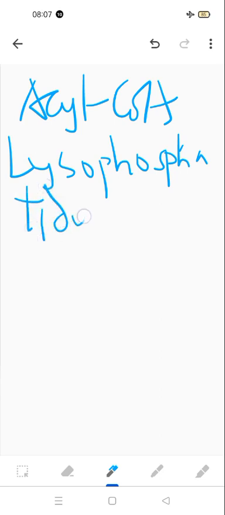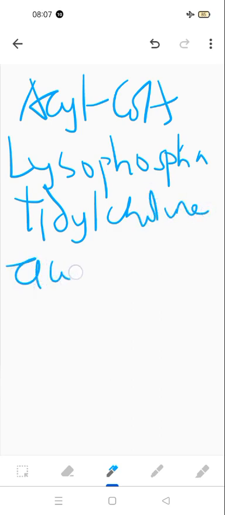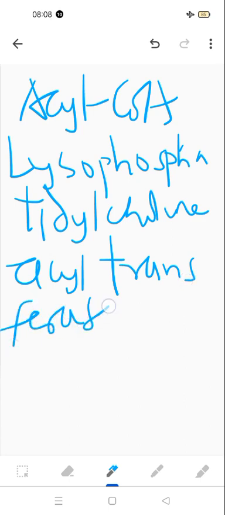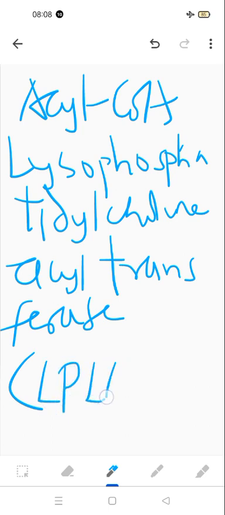If the membrane phospholipid is phosphatidylinositol, for instance, the enzyme catalyzing this reaction is going to be acyl-CoA lysophosphatidylcholine acyltransferase, abbreviated as LPLAT.